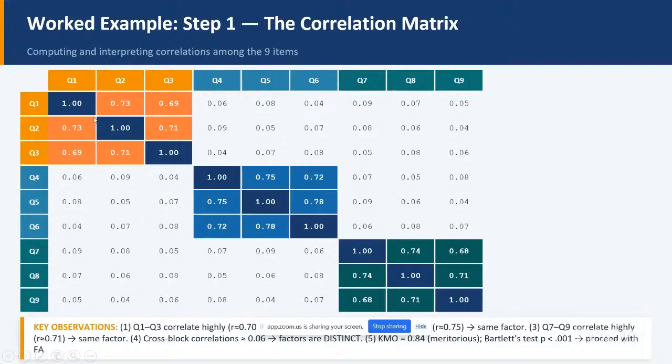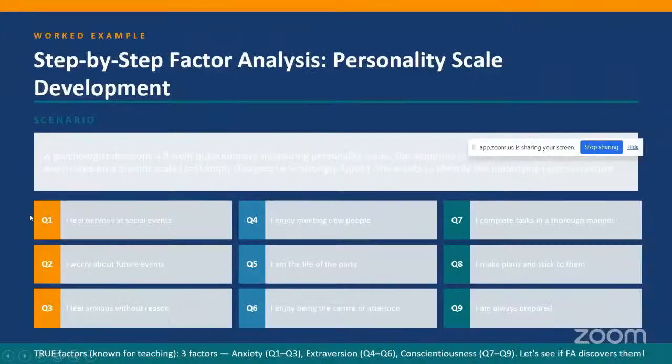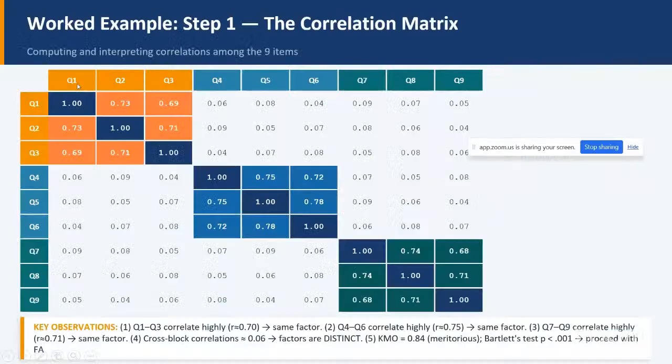So this is our correlation matrix. I have explained it already. For the previous cases, I have taken an example here. Like we have 9 questions, and each of the cases will be dealing with this. This is the matrix for us. As you can see, the diagonal elements are 1, and for the orange cases, what we can see is that these can be under the same factor, right?